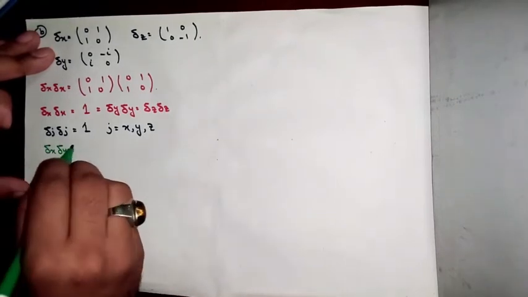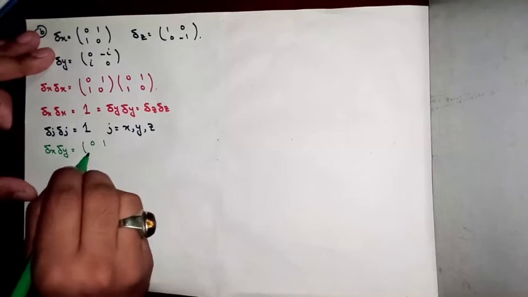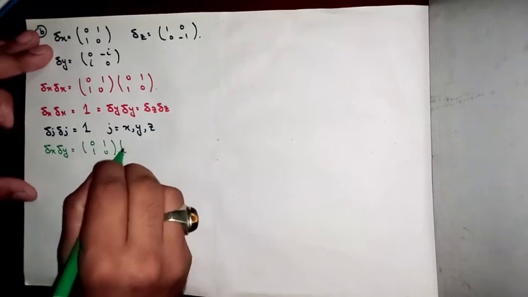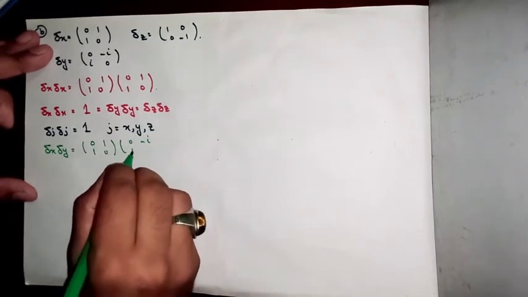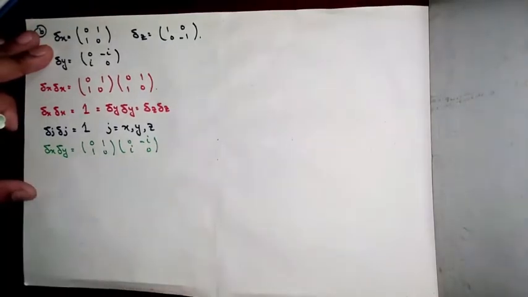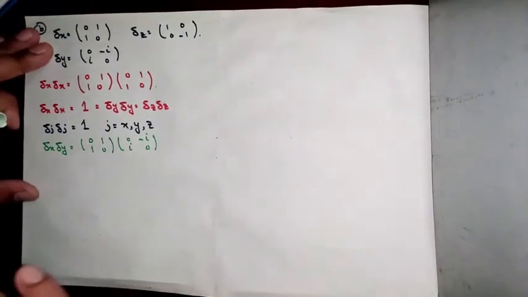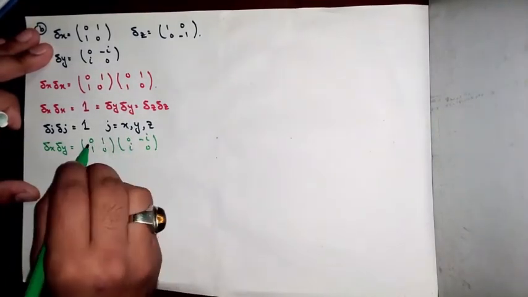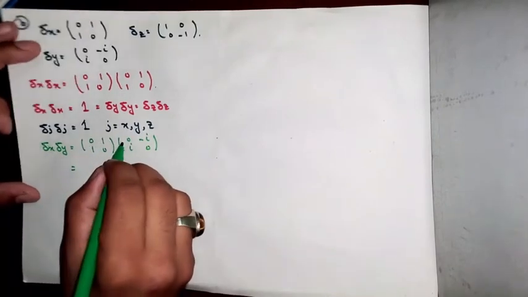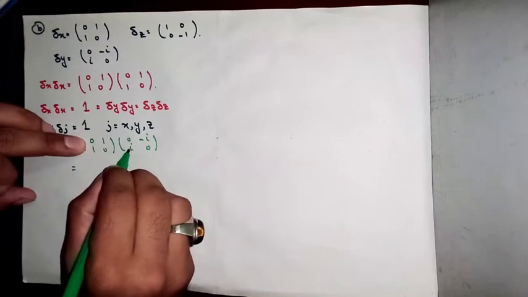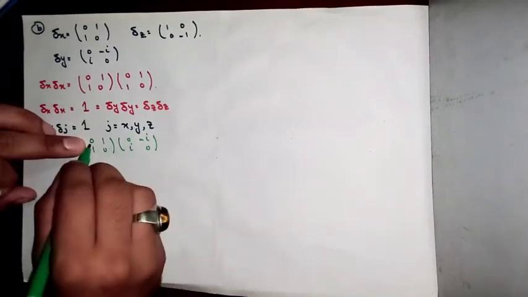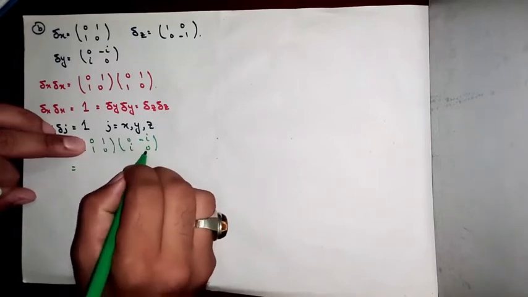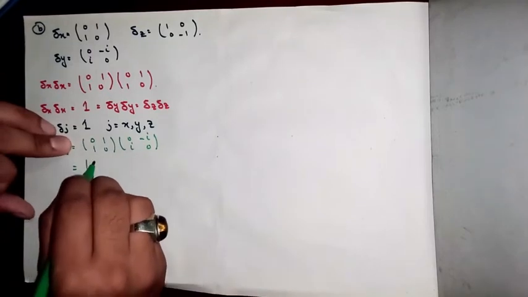Sigma x is 0 1, 1 0, and sigma y is 0 minus i, i 0. Multiplying the first row with the first column, 0 multiplied by 0 is 0, and 0 multiplied by i is 0. Similarly plus 1 multiplied by 0 is 0. So we get 0 here.